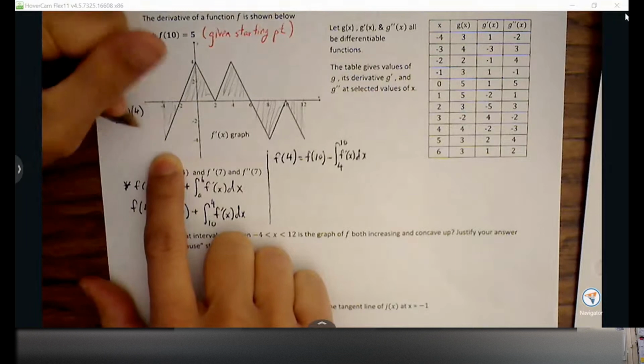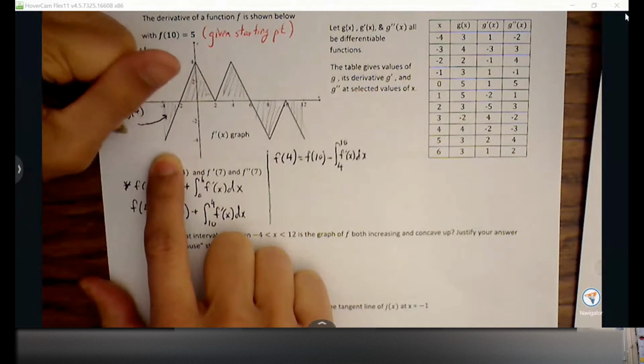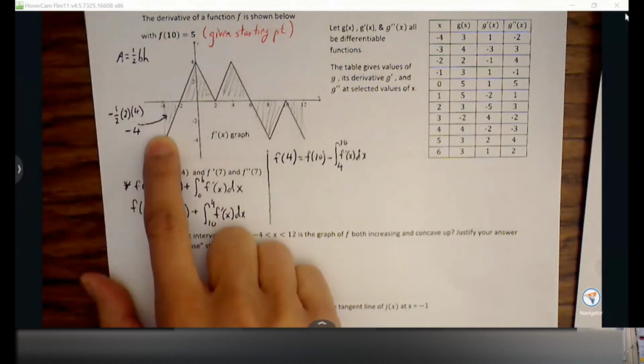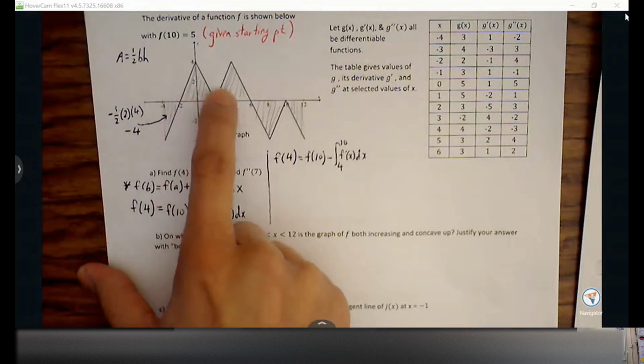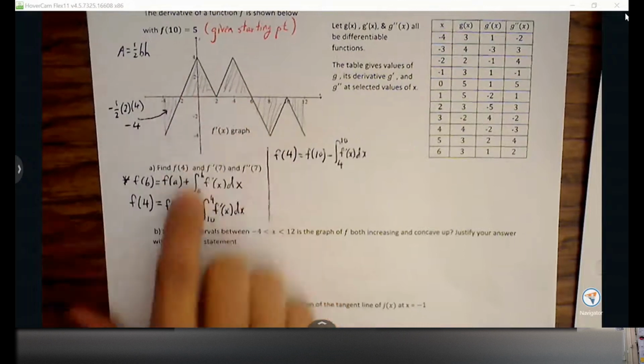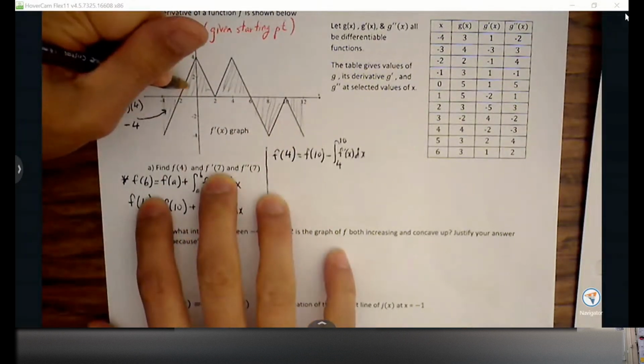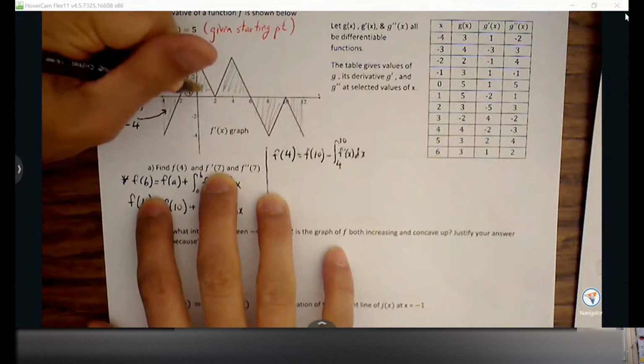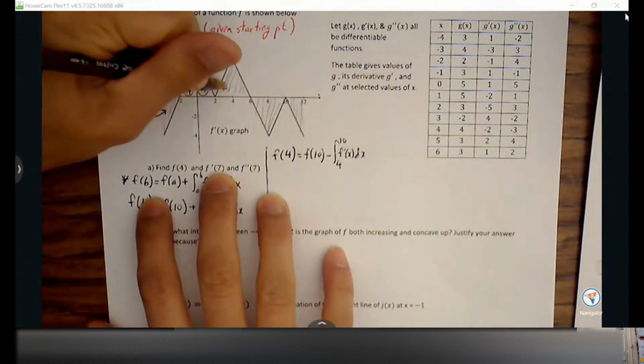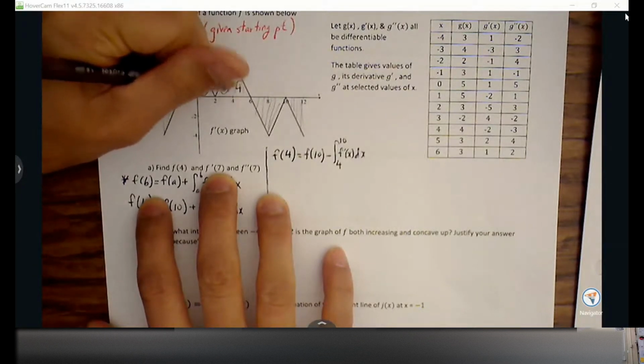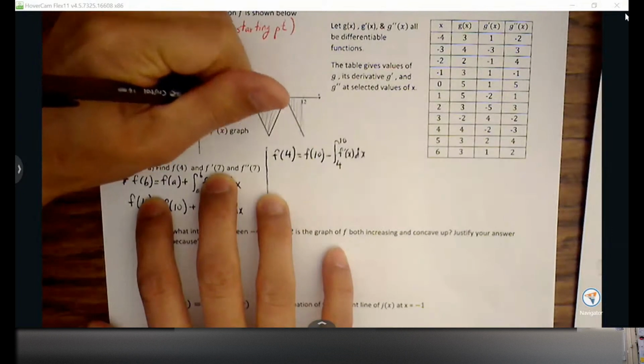So that's going to give me -4. And if this is -4, then that means all of these are going to be that area as well. So I'm going to just go ahead and fill those in. But these are above the x-axis, so I'll fill these in with a +4. And these are negative here.